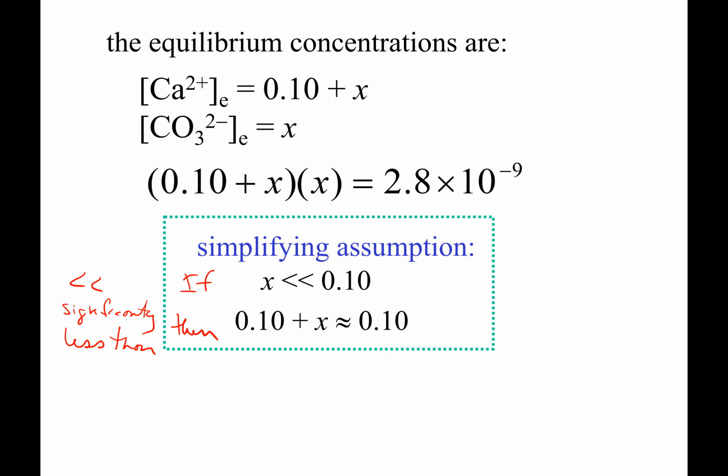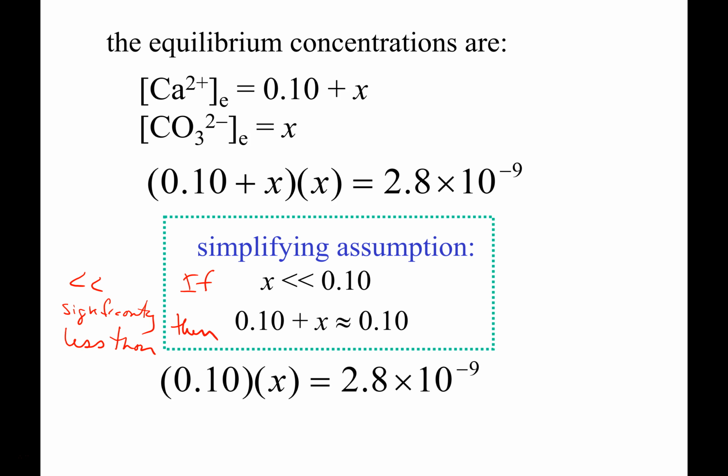So can you kind of see what that's going to do? It's going to give you just x to the first power now. So let's see what that changes. The first term, 0.10 plus x, becomes 0.10. We bring down our x, and then we also bring down our KSP. And at the end of this slide, I say always check your simplifying assumption.